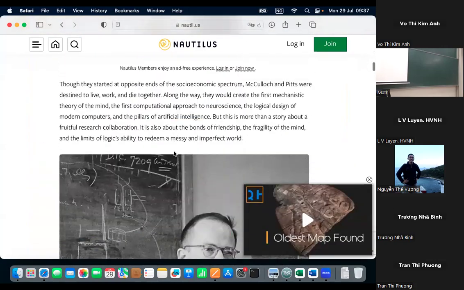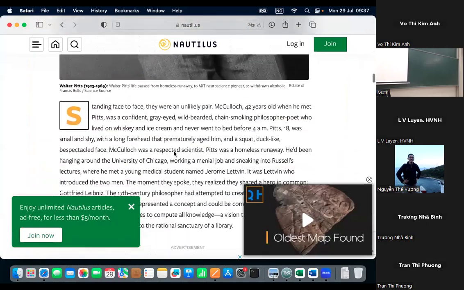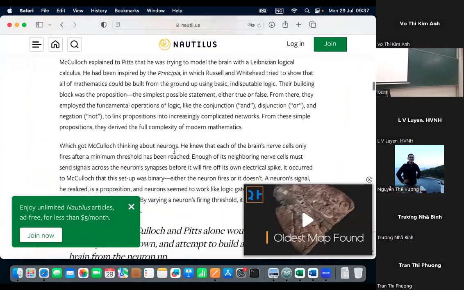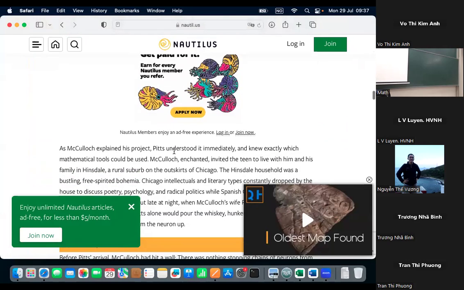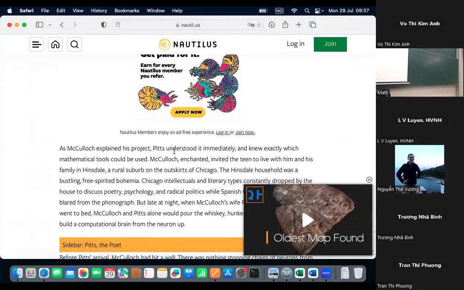But one thing they said in this is what they studied about this type of logic gates, and later von Neumann used this in his design of computers.